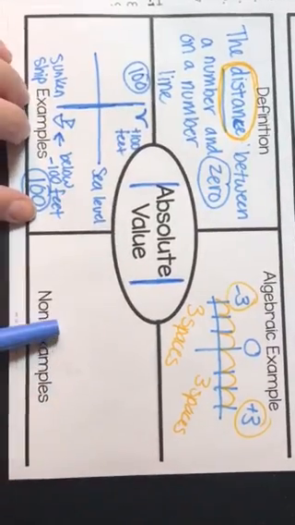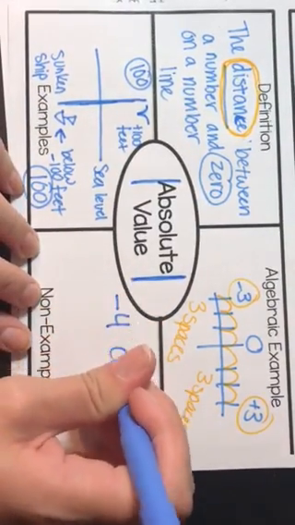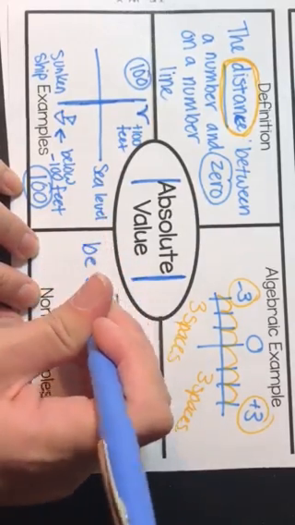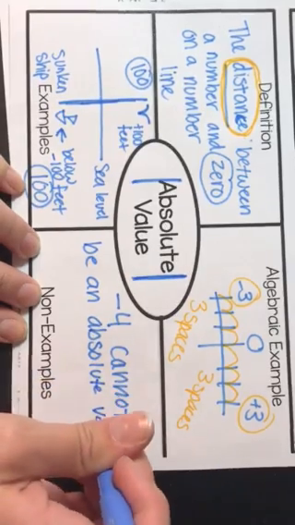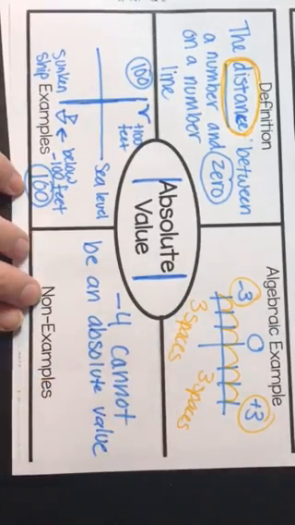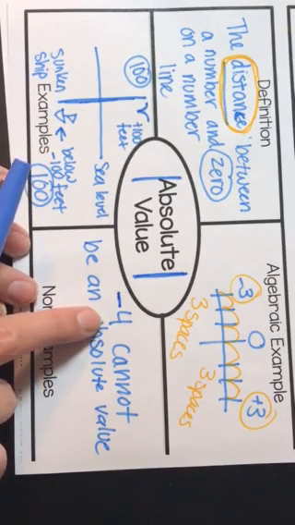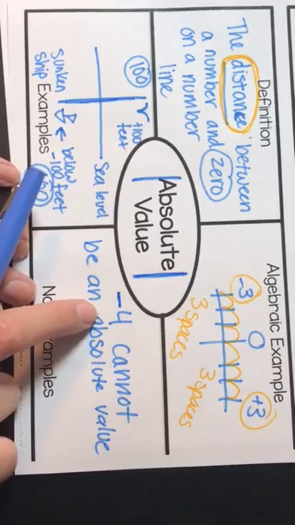Can you guys, please, on non-examples, write -4, because a negative cannot be an absolute value because of this guy right here. This number could be -20, -4 million, -0.14. It doesn't matter.